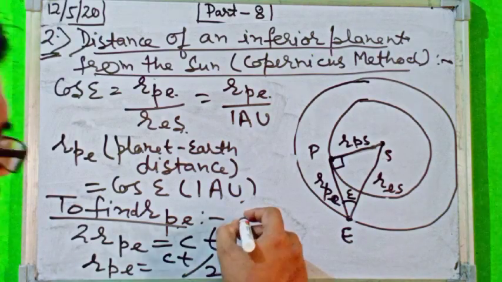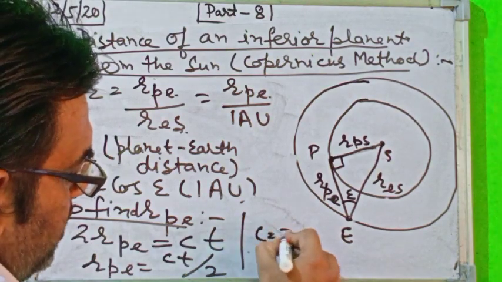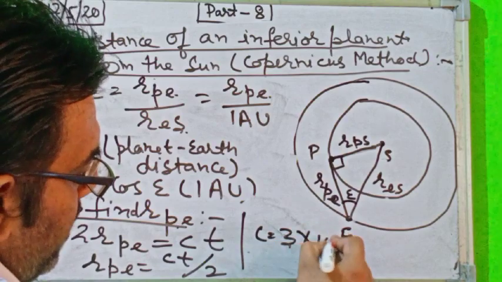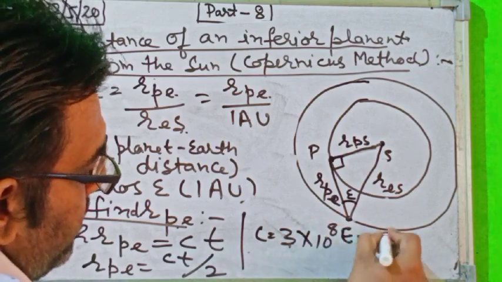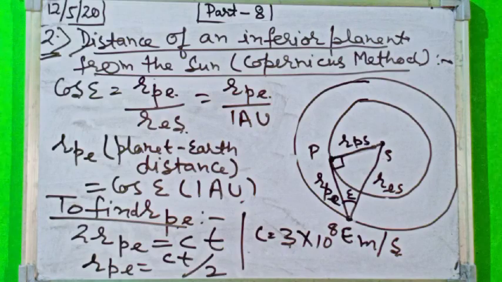C is the velocity of light, equal to 3 into 10 to the power 8 meter per second, or 3 into 10 to the power 5 kilometer per second.